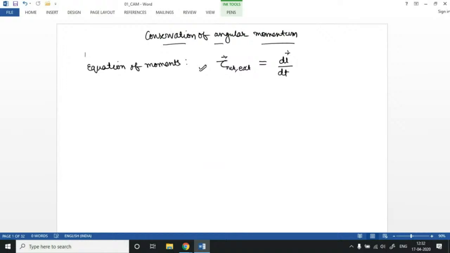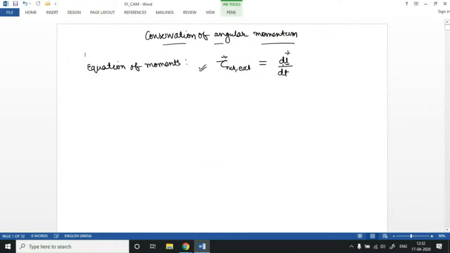Whenever we talk about the frame, the center of mass frame has an edge over other frames of reference, because the angular momentum in the center of mass frame does not depend upon the choice of point. About any point, the angular momentum would be the same. So we need not worry about the choice of point if we are working in the center of mass frame.